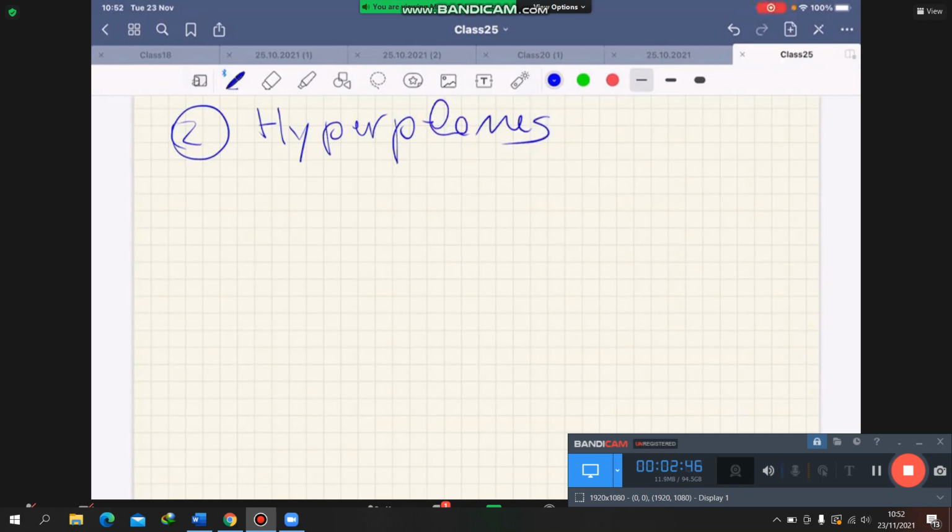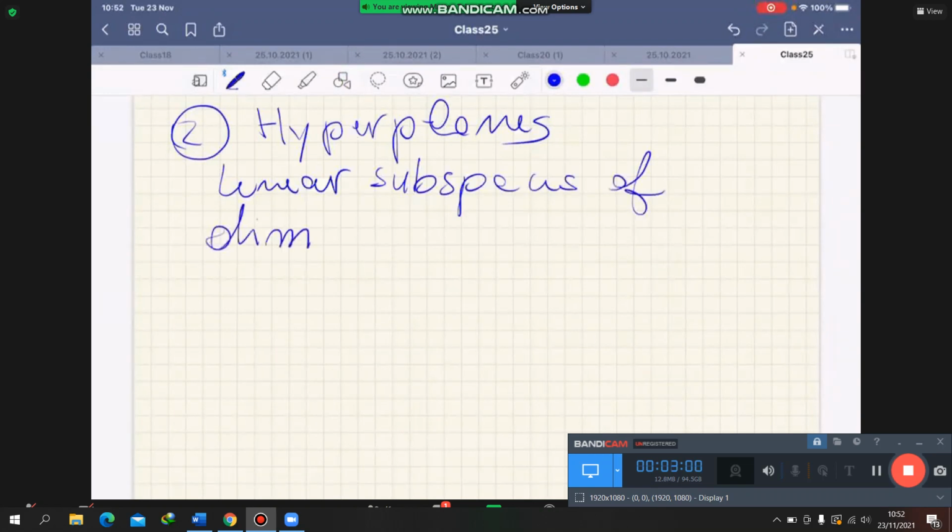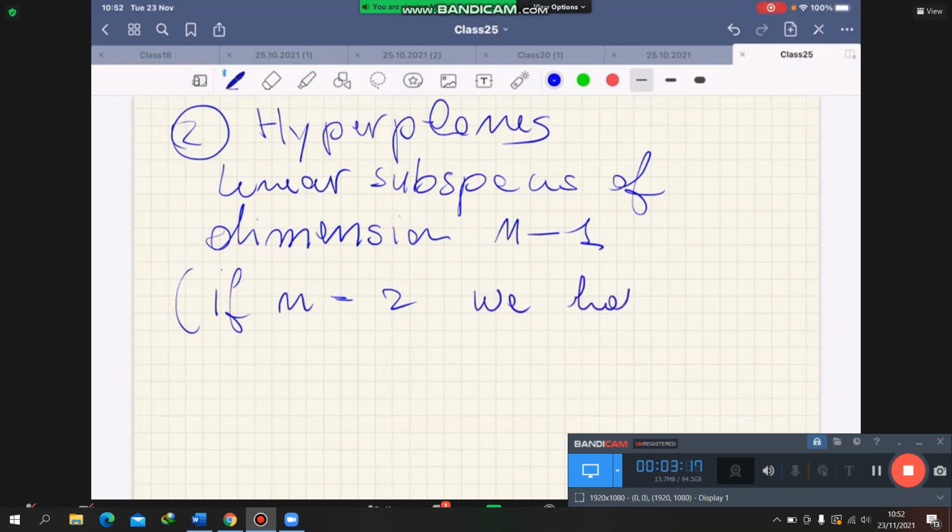So meaning linear subspaces of dimension n minus 1. For n equal 2, we have a line.